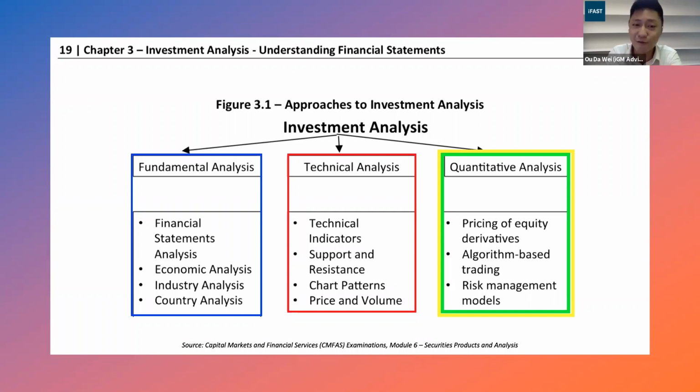When we hear these kinds of things, these are fundamental analysis. We look at financial statements, economies, industries, countries, how they are doing, and most importantly, what they will be doing going forward.